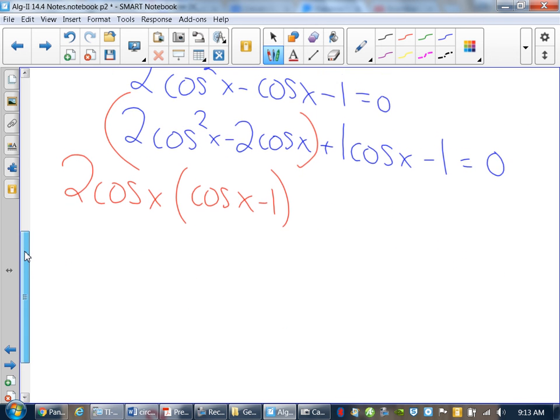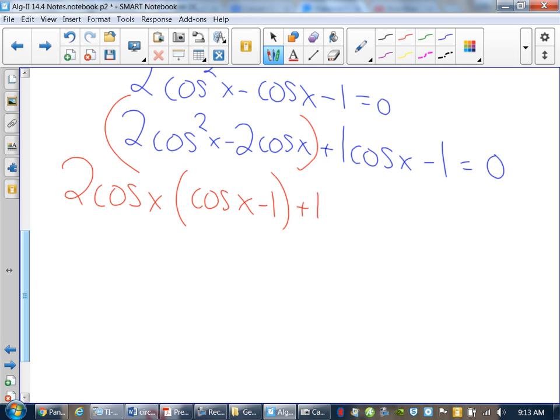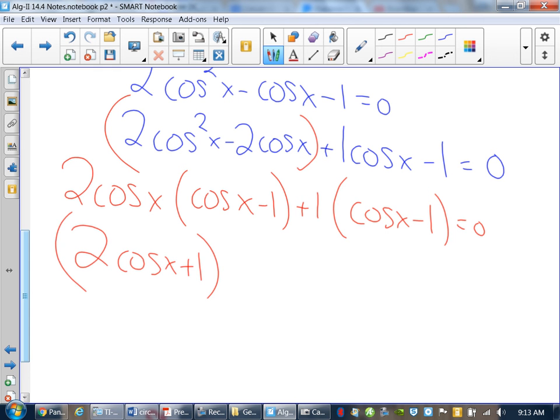Oops, sorry. Take out a 1, and you're left with this. Wait, where did you get the extra plus 1 cosine x?